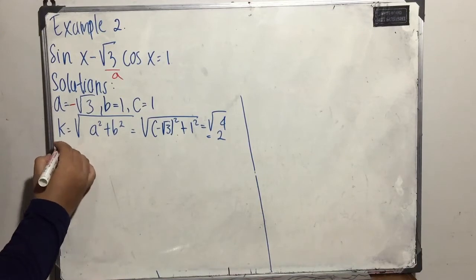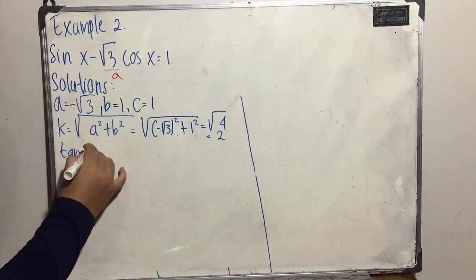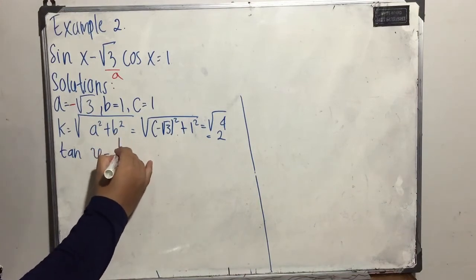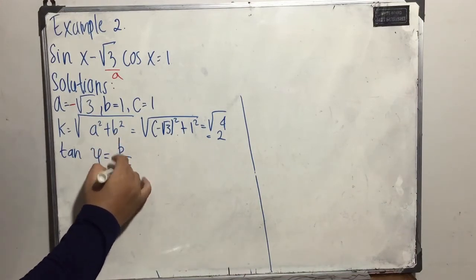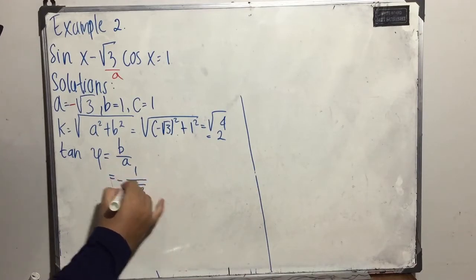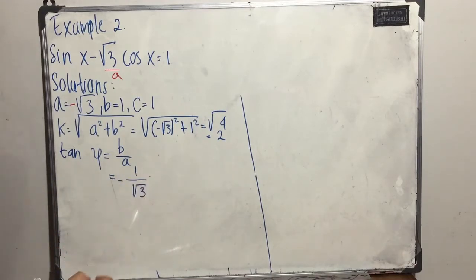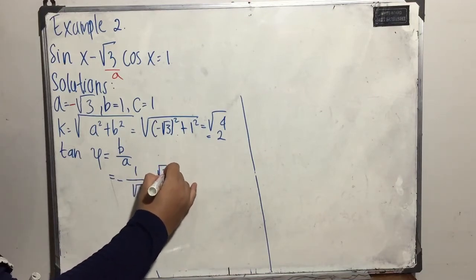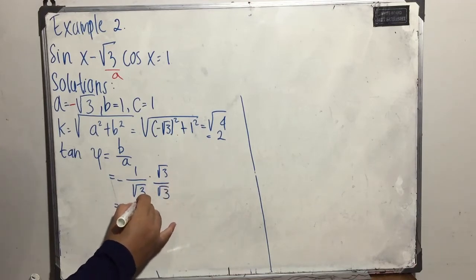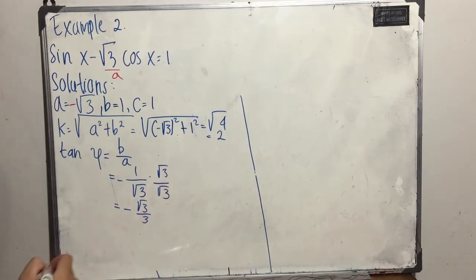So we can continue to find the tangent. Tangent mu is equal b over a. B is 1 over minus square root of 3, okay, so we can times by the square root of 3 over square root of 3, so that the meaning minus square root of 3 over 3, everyone.